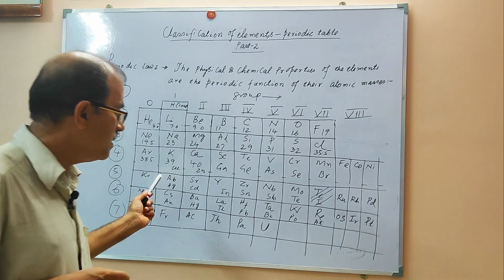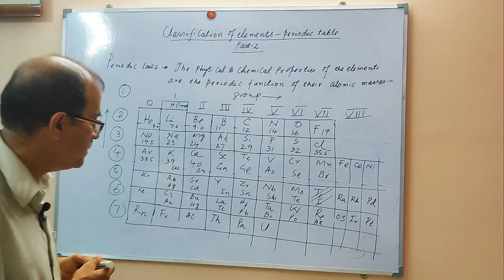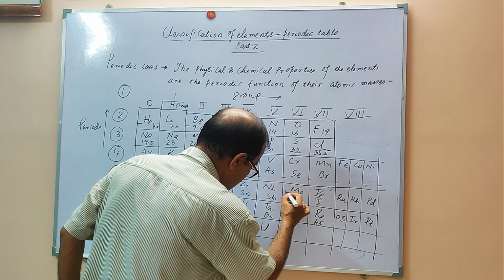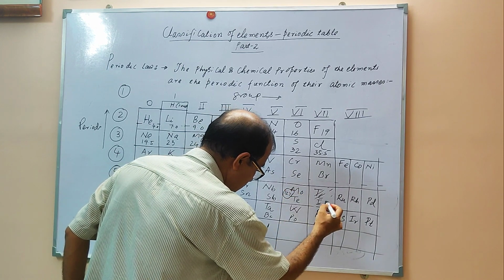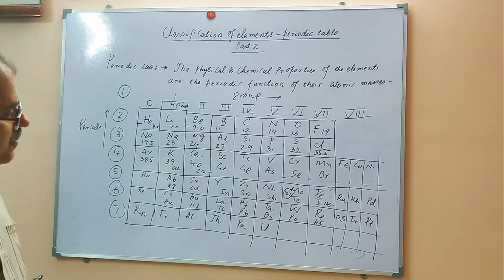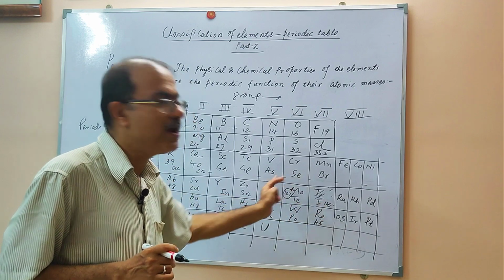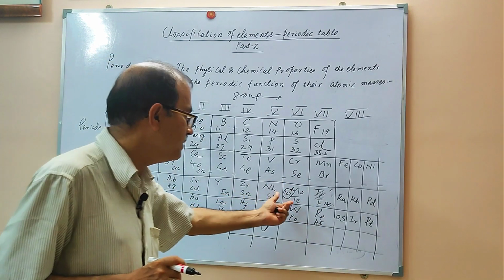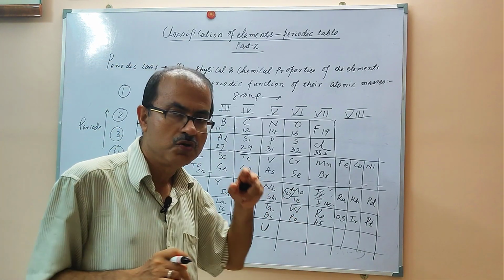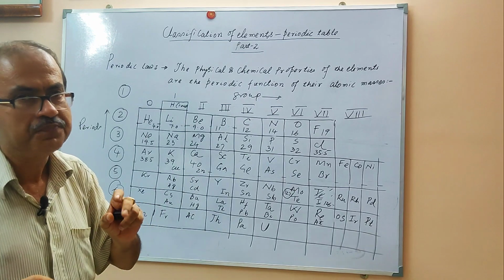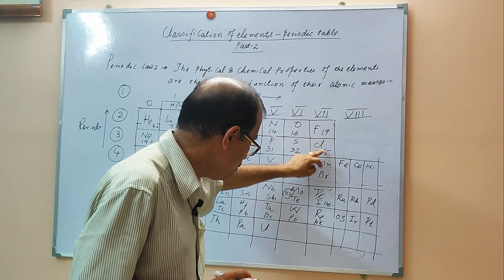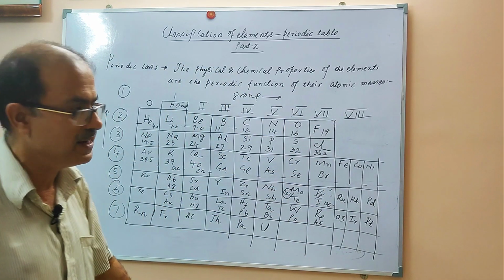And in doing so, sometimes you can see tellurium having the greater mass, 127, and iodine 126 point something. He kept tellurium before iodine, in spite of the fact that it has a higher atomic mass than iodine, because he emphasized the similarity in properties. He placed iodine here because all the halogens have similar properties.